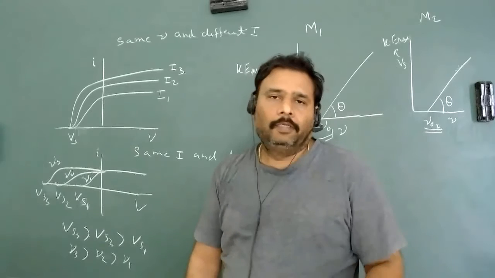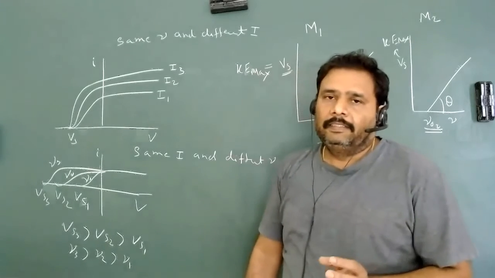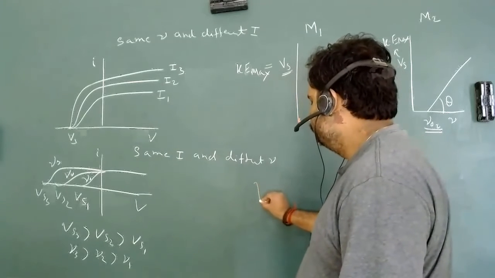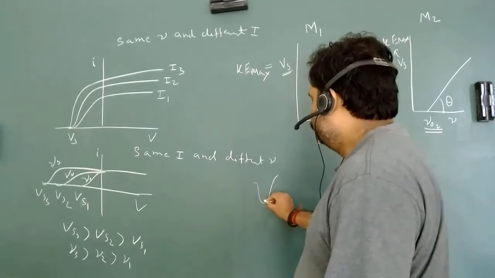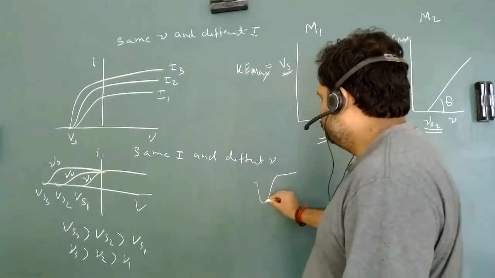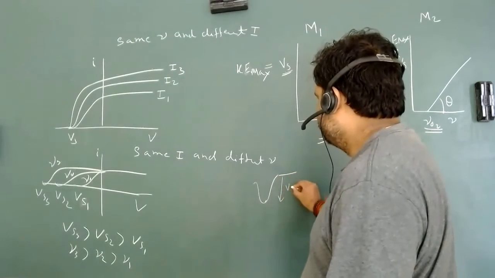Einstein gave a mind-blowing idea. Einstein said that in this metal, the electron is bound in a kind of valley. Let's say this is the minimum potential.